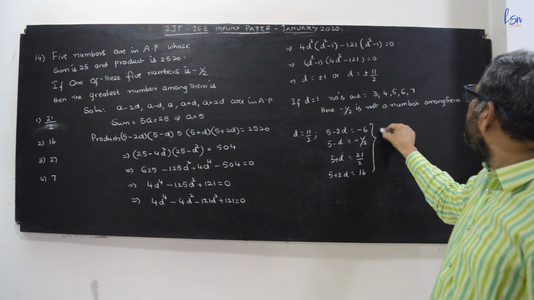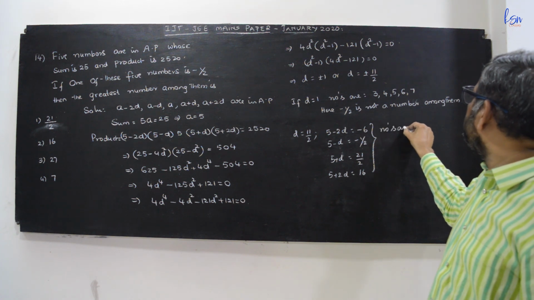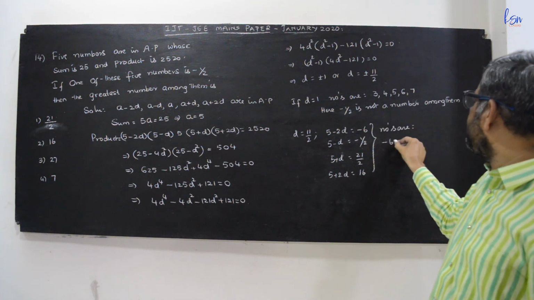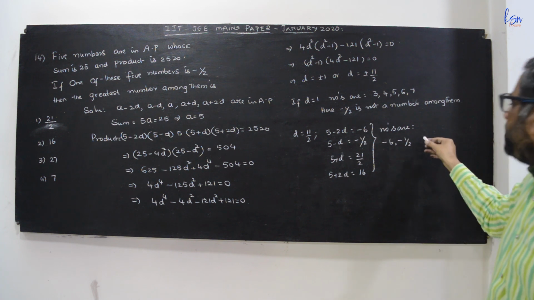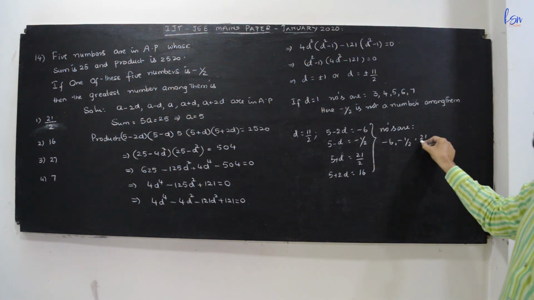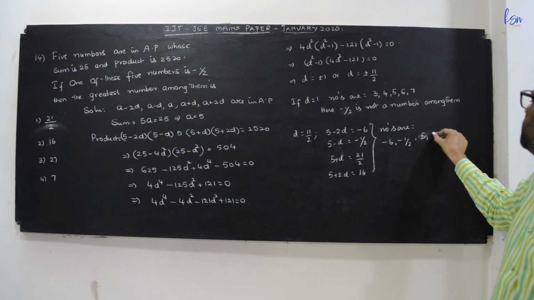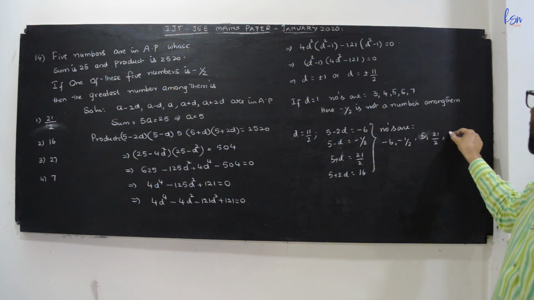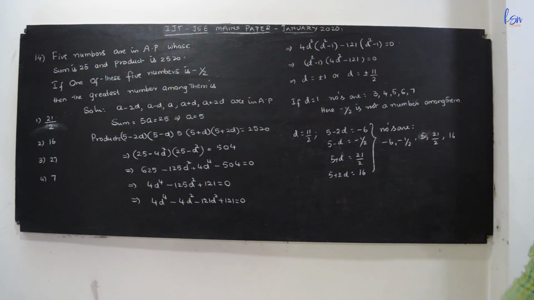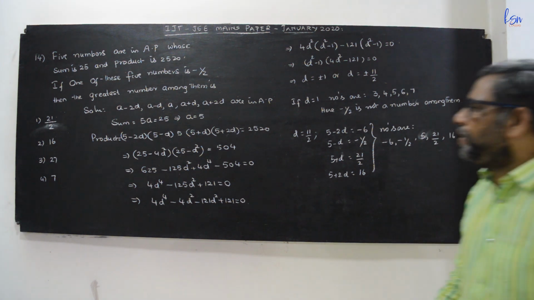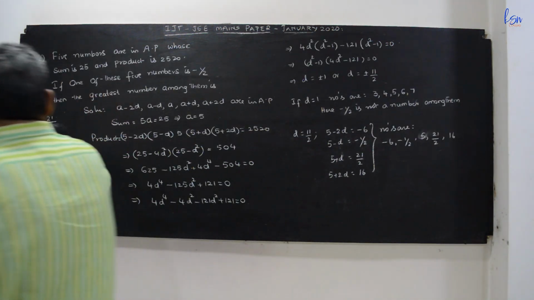So the numbers are minus 6, minus 1 by 2, 5, 21 by 2 and 16. The greatest among them is 16, therefore our option is the second one.